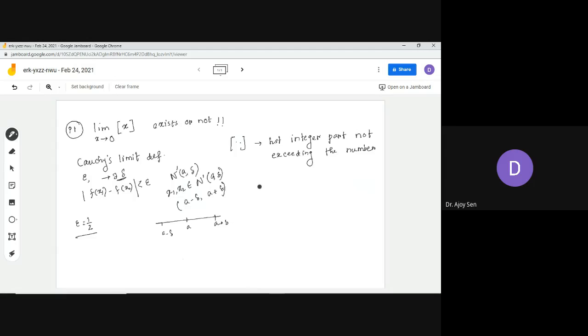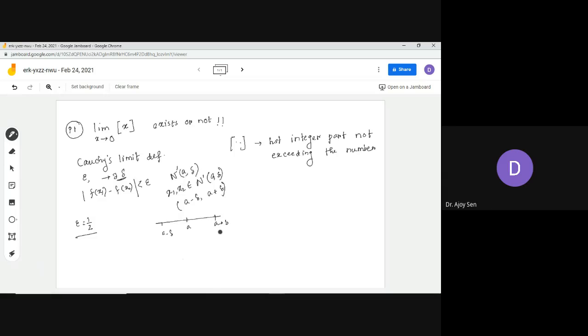So basically this difference will be 1 and epsilon is half. So 1 is not less than half, hence this contradicts the Cauchy's definition. But I gave only a small hint, you have to do it more properly. You can show and check it properly for me, because it is important for your exam.